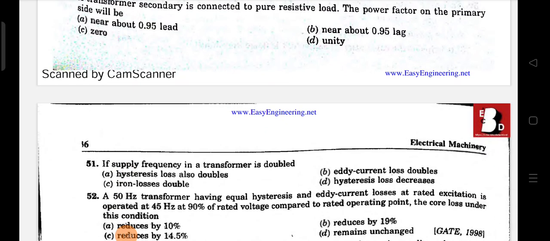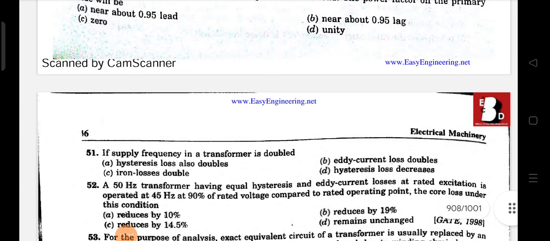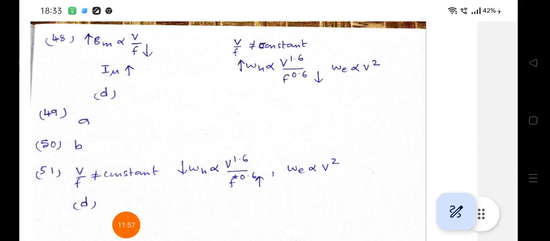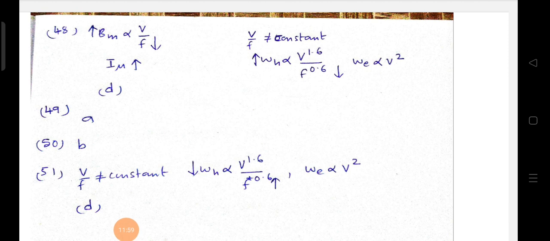Next, 51st question. If the supply frequency in a transformer is doubled, voltage remains constant, that means the V by F ratio is variable. When the V by F ratio is variable, hysteresis losses are directly proportional to V to the power 1.6 divided by F to the power 0.6, and eddy current losses are directly proportional to V squared.